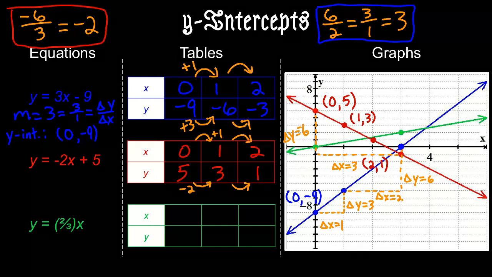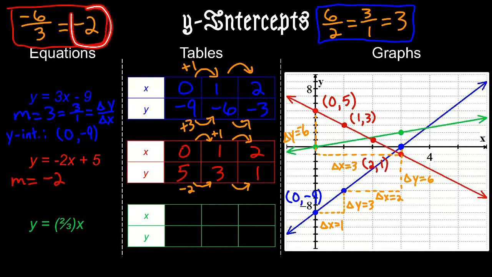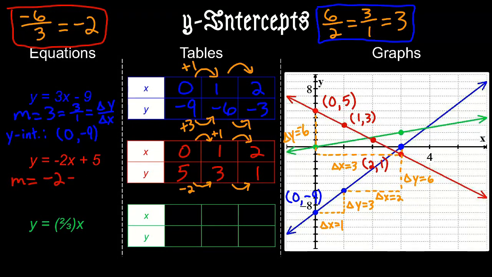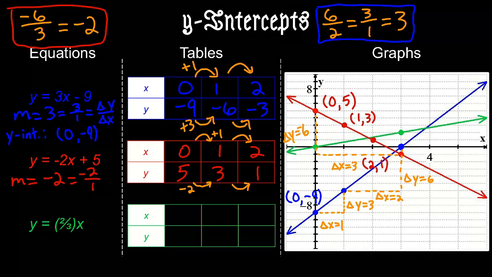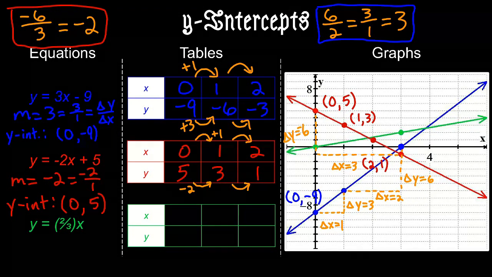I can see in the equation that my slope is -2, which matches the slope I found from the graph, and the slope I can see in the table, which is -2/1. And my y-intercept, I can see by looking at the equation, is (0, 5), which matches my table and my graph, (0, 5). So all those things, it's important that they match or something is going wrong.